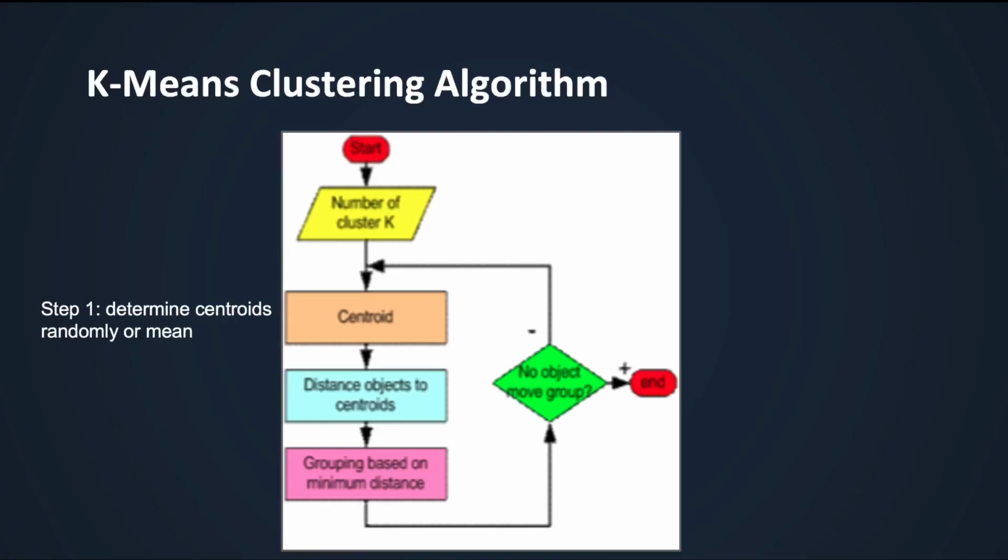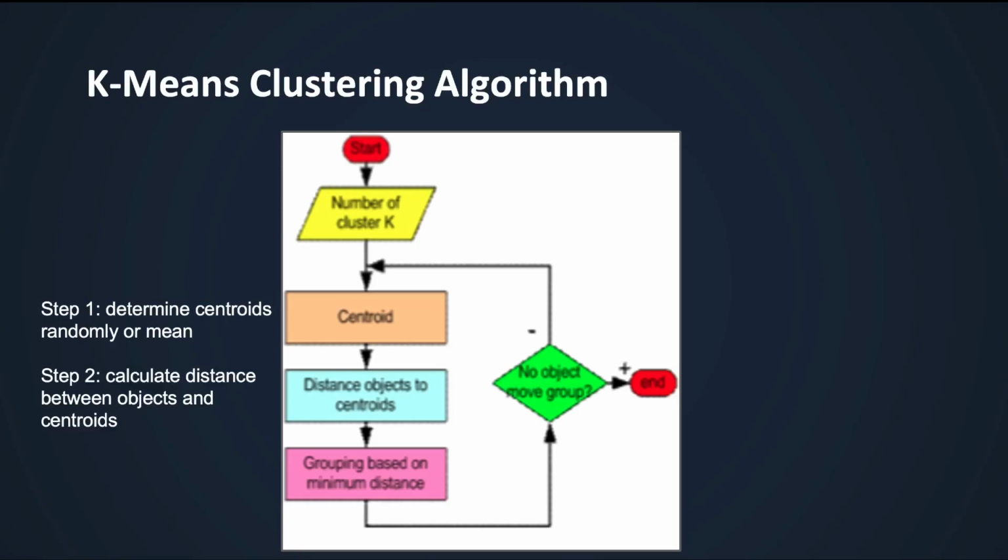First, we identify the centroids that exist in the data. We do this either by randomly selecting the data points or creating virtual centroids using the mean values of objects.